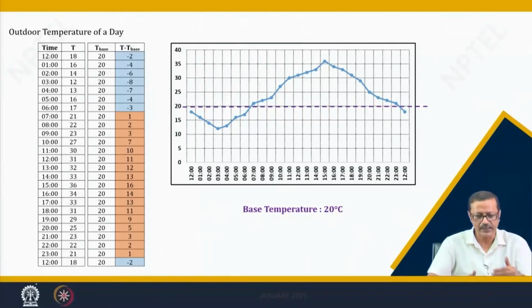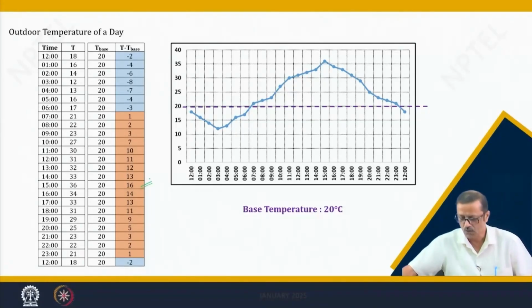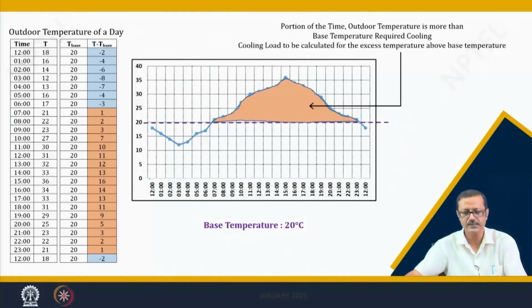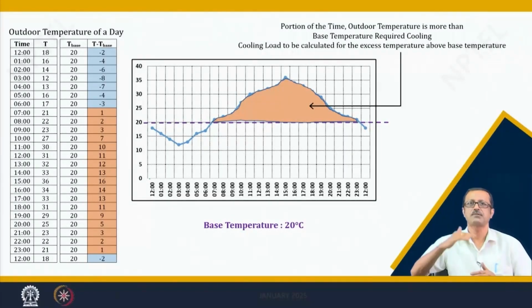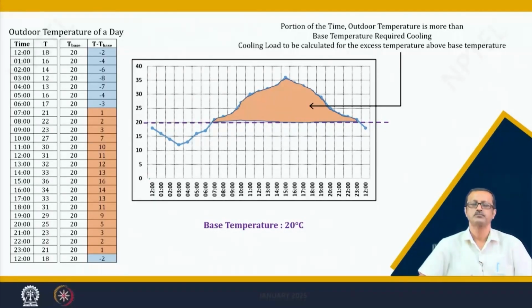So, you see the maximum demand is almost 16 degrees at around 15 hours, that means 3 p.m. or so. This area above the base temperature requires cooling, and that much temperature has to be brought down to the base temperature.